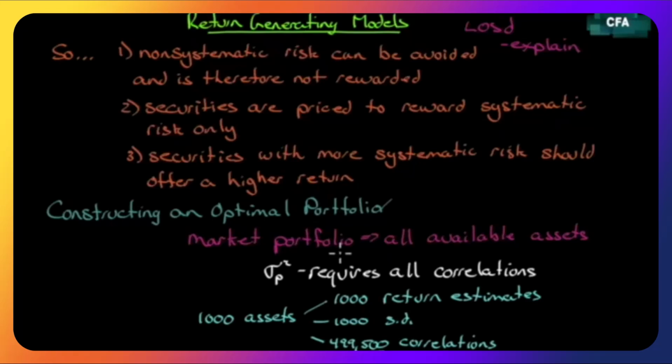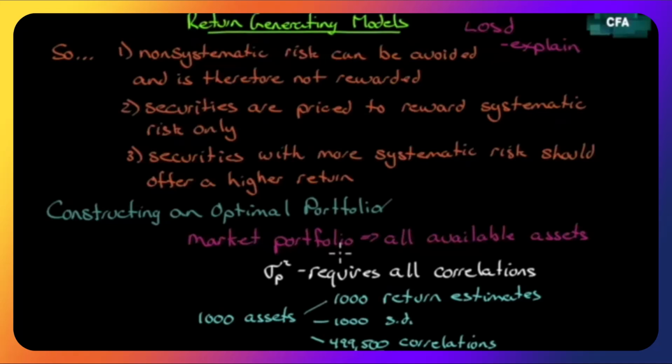The Russell 1000 has 1,000 components. If you use the Russell 1000 as your market portfolio, I want to show you how ridiculous this gets. You need to calculate 2 things to determine your optimal portfolio: the return on the portfolio and the variance of the portfolio.